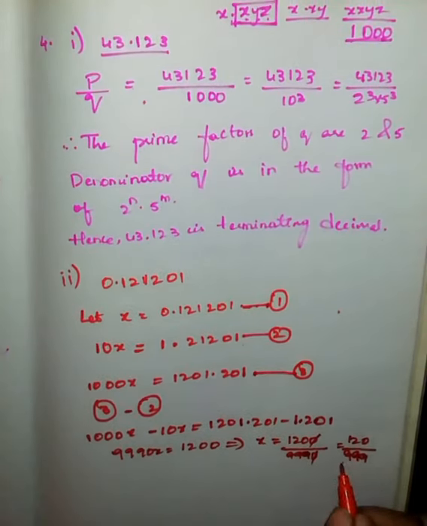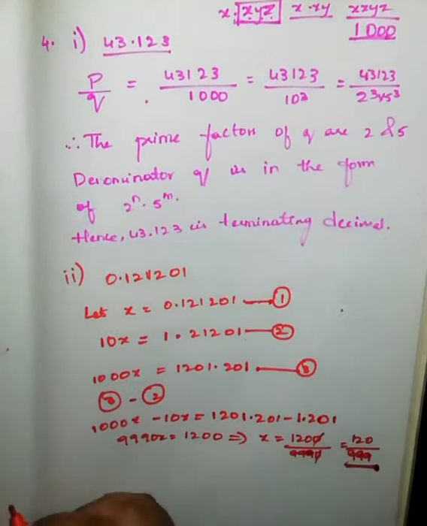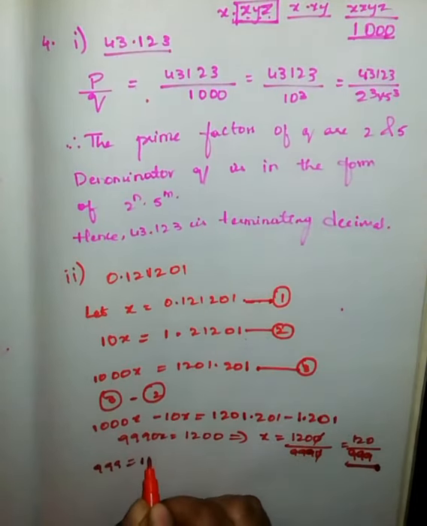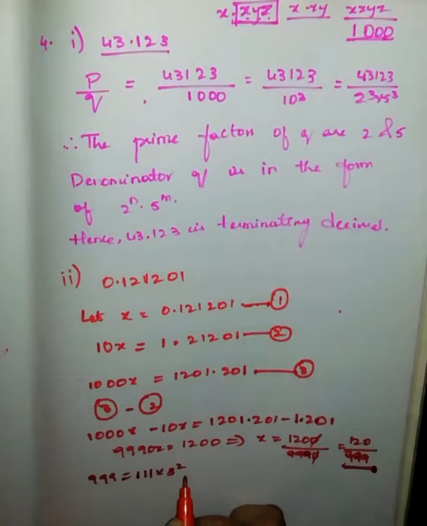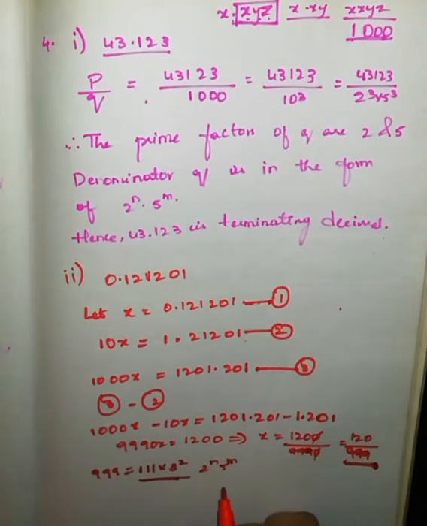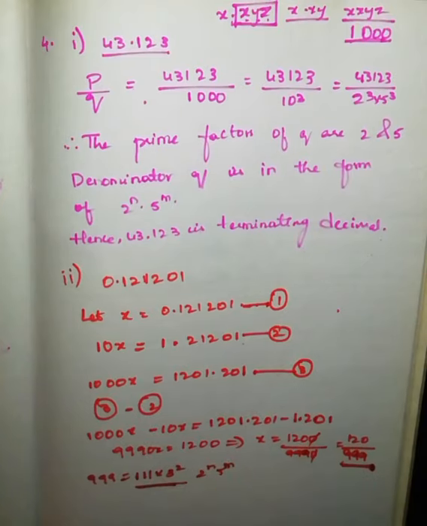So here the denominator is not in the form of 2 to the power of n into 5 power m, because 999 is equal to 111 into 3 square. So it is not in the form of 2 power n into 5 power m. Therefore 0.121201 is a non-terminating repeating decimal.